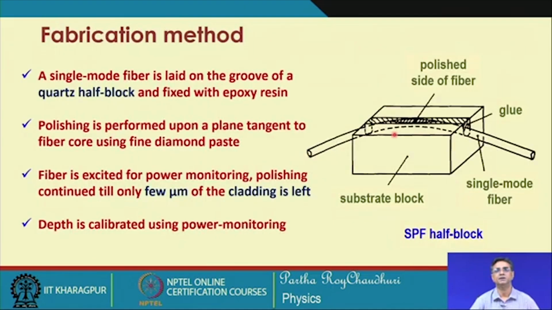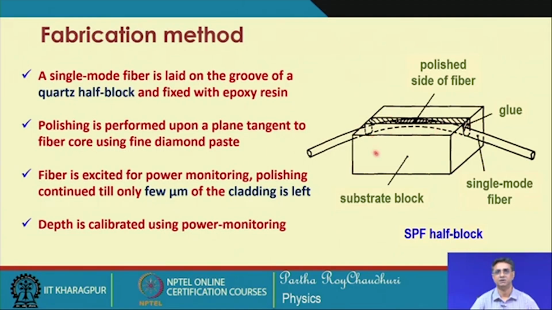The fabrication method is that you take a substrate quartz block and make a groove, in which you place an optical fiber, then put some epoxy resin, then the top part is polished. Polishing is performed upon a plane which is tangential to the fiber core using fine diamond paste.